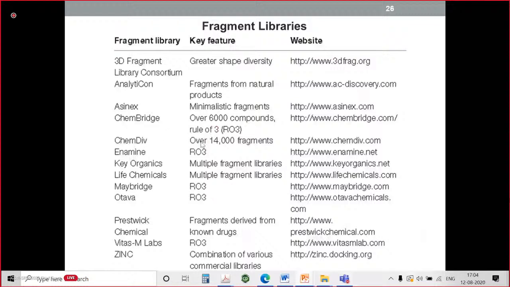Chem Division and Inamine all have fragments following the rule of 3. Most of them are commercial, like ZINC, which can also be used as a commercial library where millions of compounds and fragments are there. Somewhere you will also find molecules, not just fragments, which can also be used for the primary screening process.